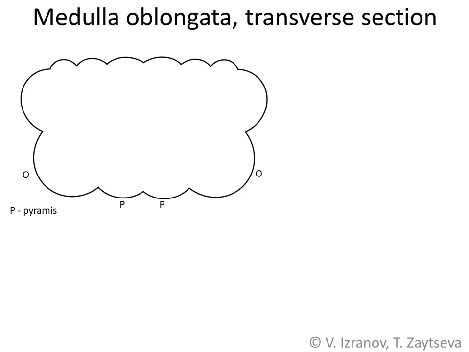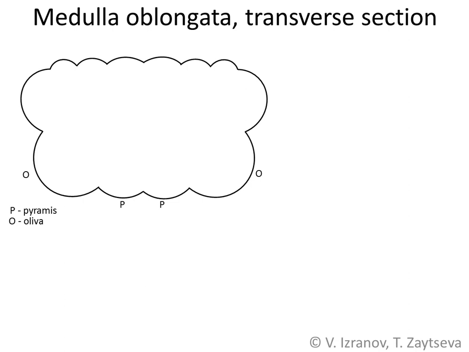Laterally from pyramis we can find these quite protruded structures which are called olives.